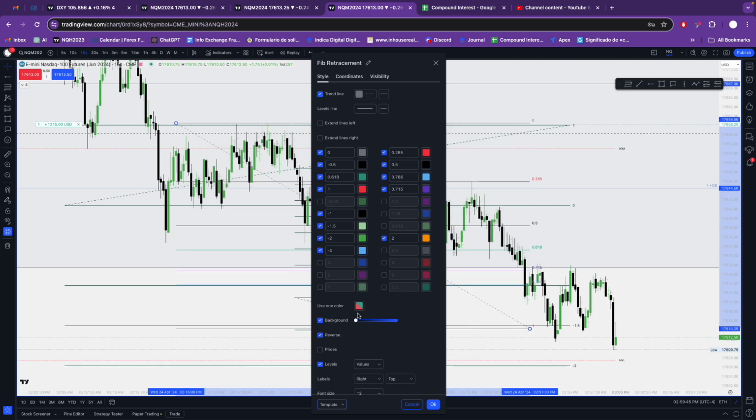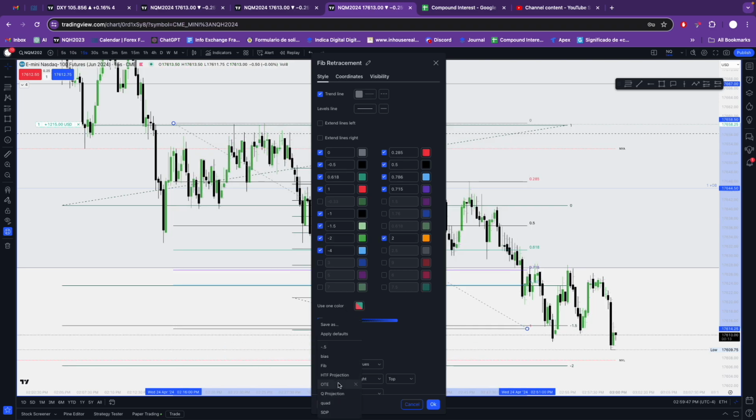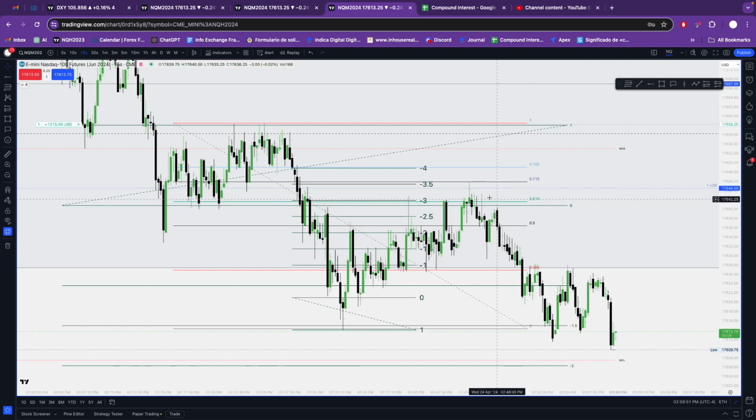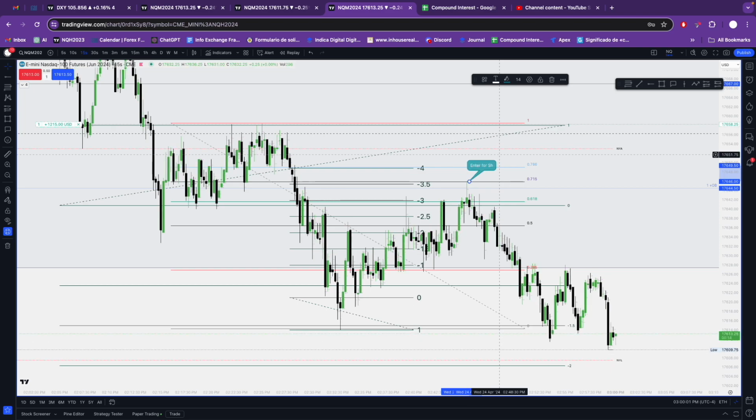Fib TE. And here we go. So right here will be the answer for short. Right.